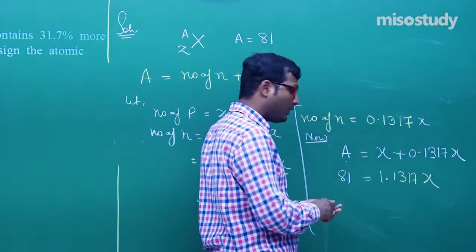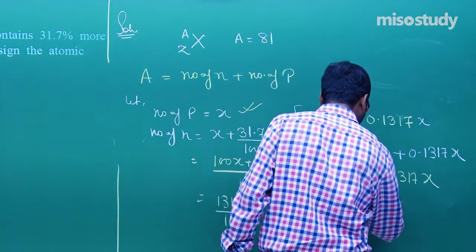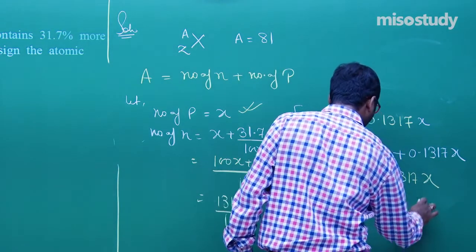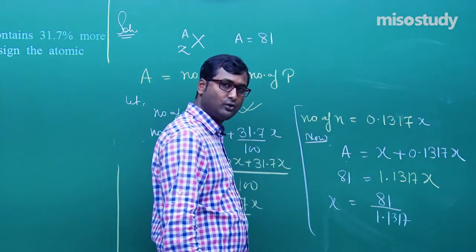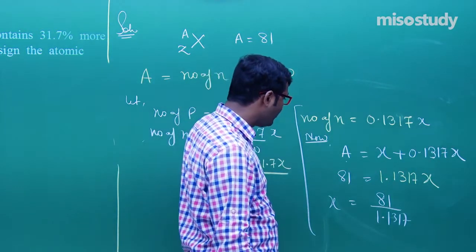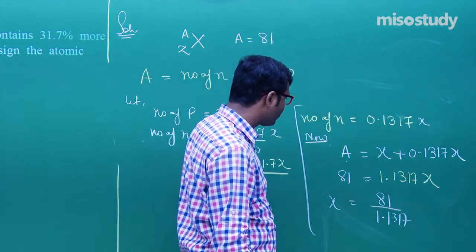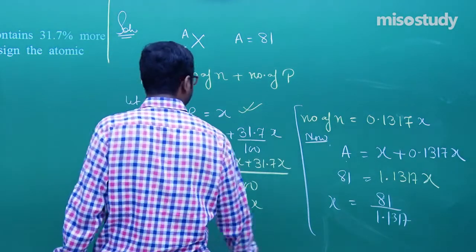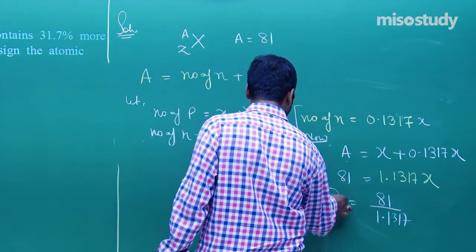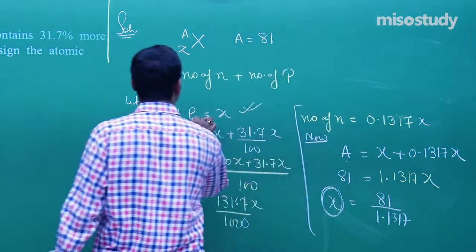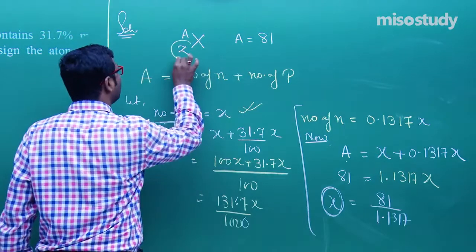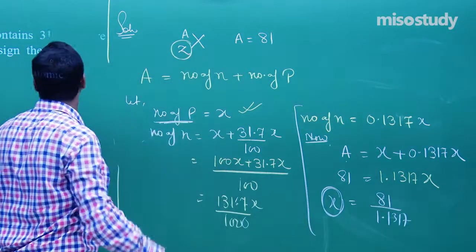Clear to you? Now what is the value of X? 81 upon 1.1317. After solving we can easily get it. X gives you the number of protons, and number of protons is the atomic number. Let me again check.